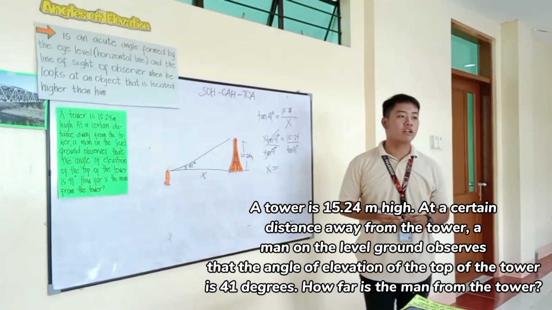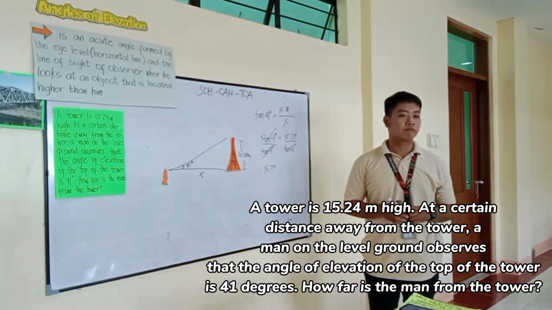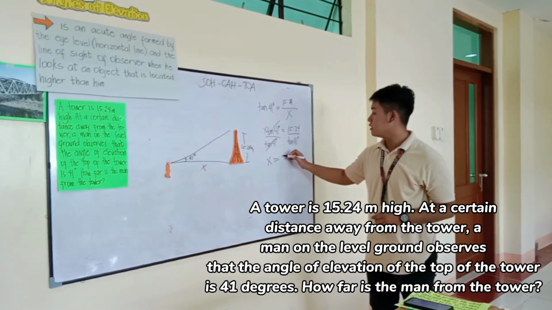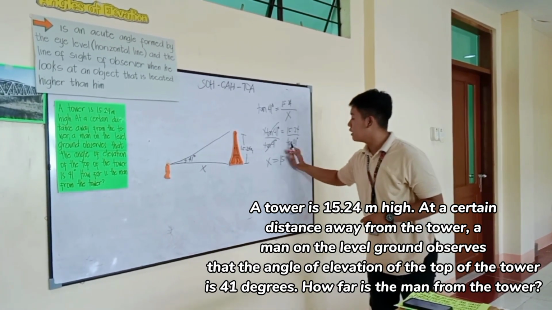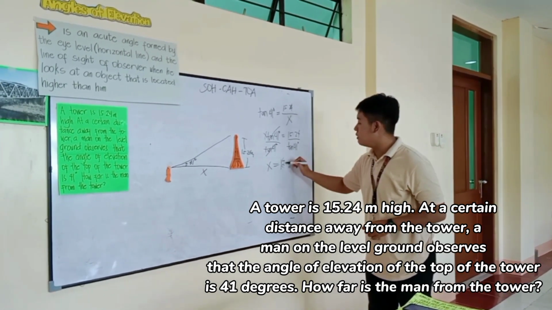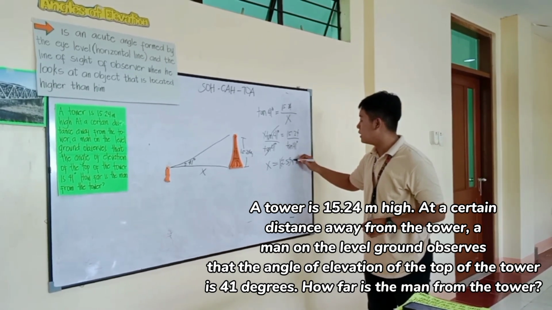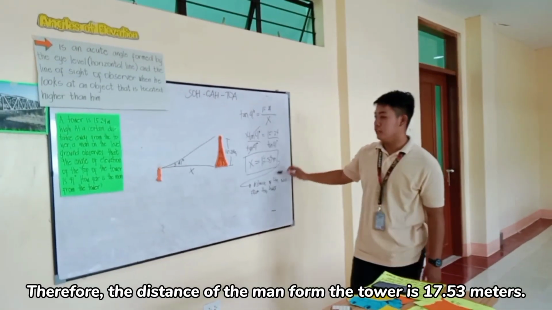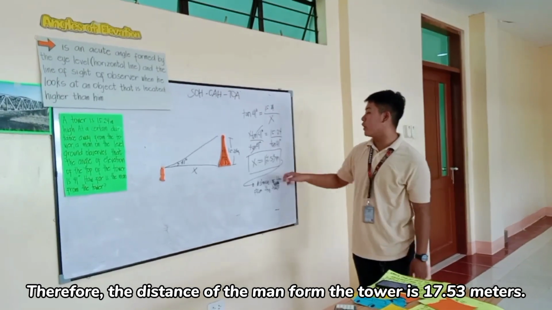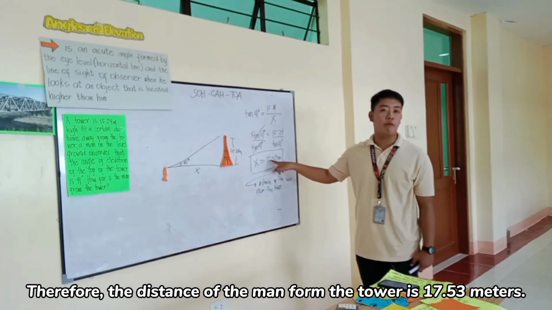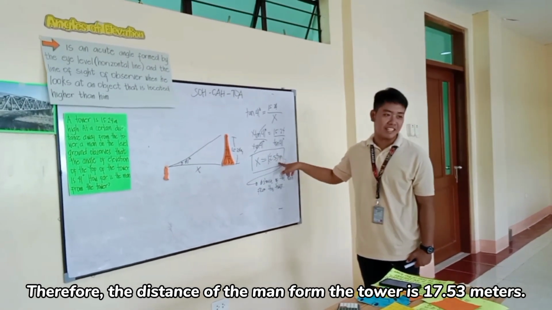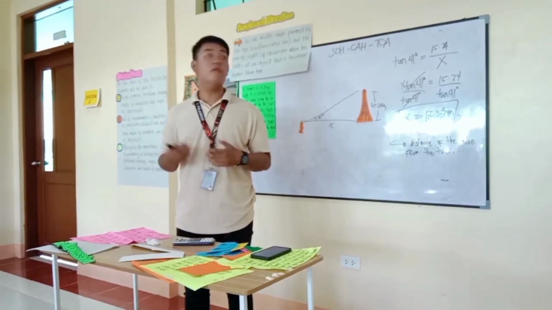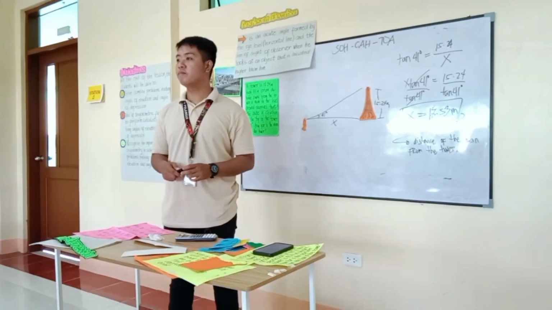Please use your calculator. 17.53. 17.53 meters. So the distance of the man from the tower is 17.53 meters. Do you understand the angle of elevation?